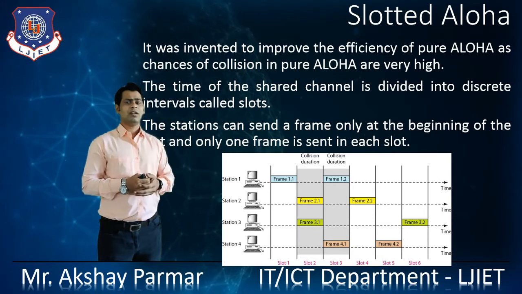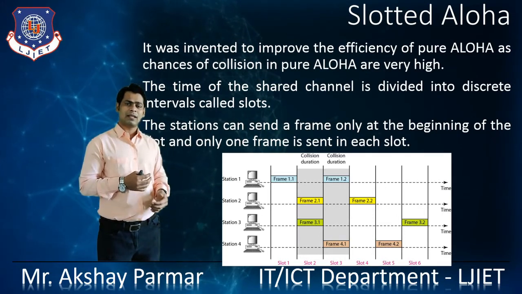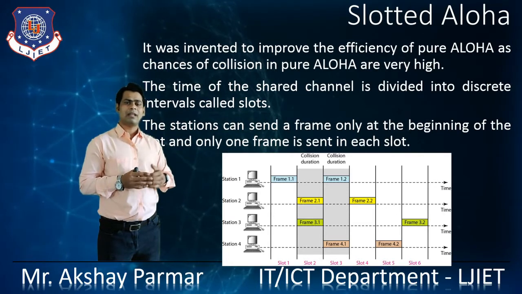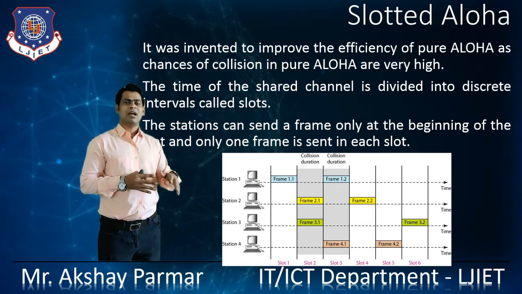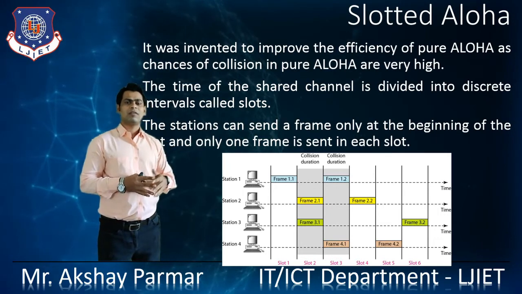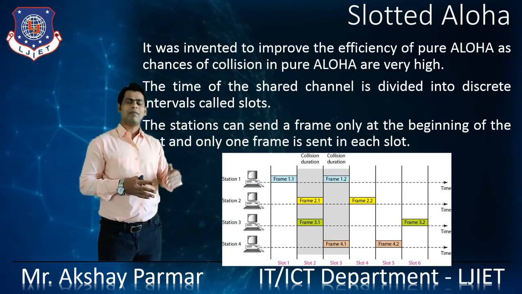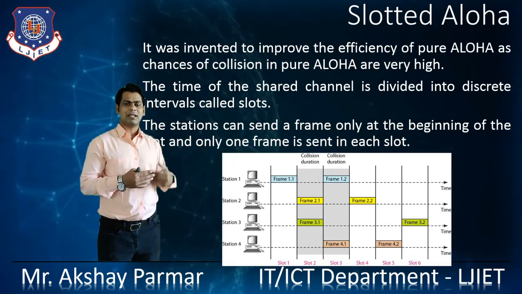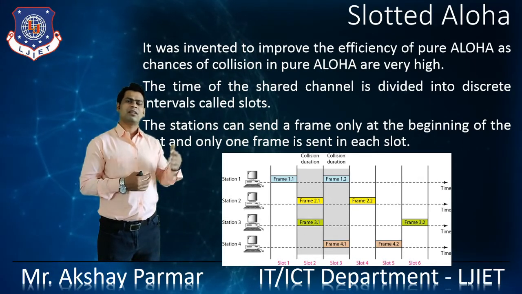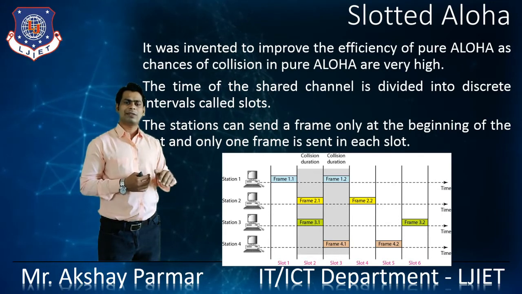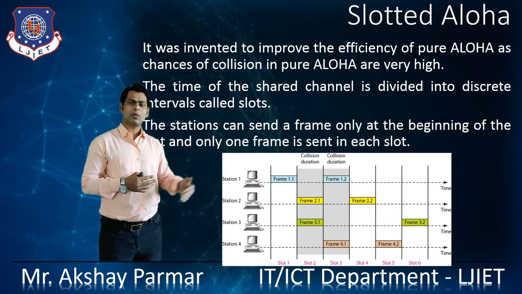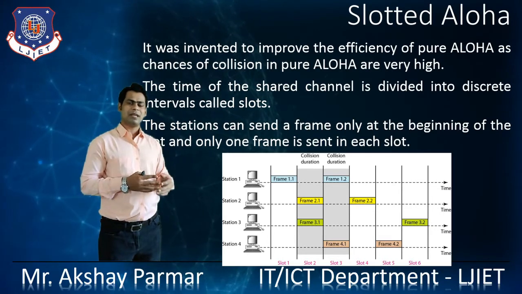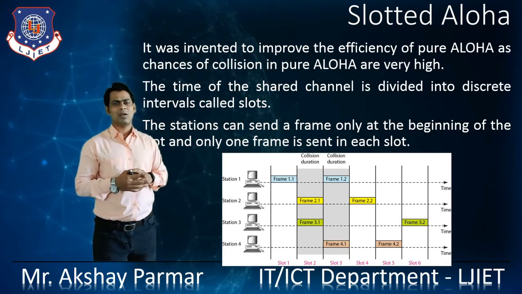In the second slot, sender 2 and sender 3 are sending data frames 2.1 and 3.1 respectively. In the third slot, frame 1.2 and frame 4.1 are sent by sender 1 and sender 4 respectively. In the fourth slot, sender 2 is sending frame 2.2, and so on, right? So that's how frames are sent in the slotted Aloha.